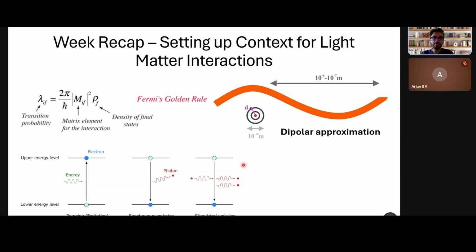All the processes and mathematical expressions that we saw so far in the lectures focused on three main processes. The first is absorption, where your light energy pushes a molecule from the ground state to an excited state.